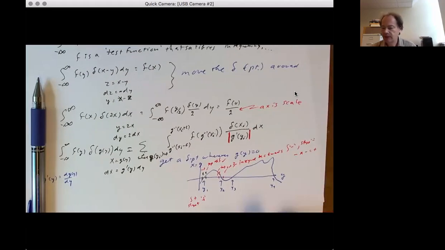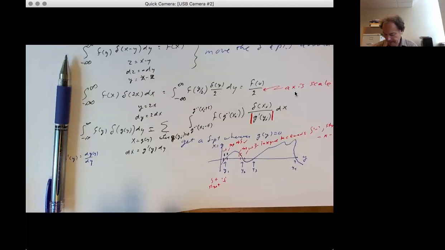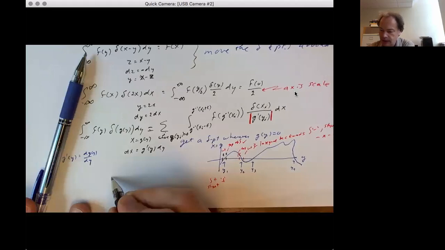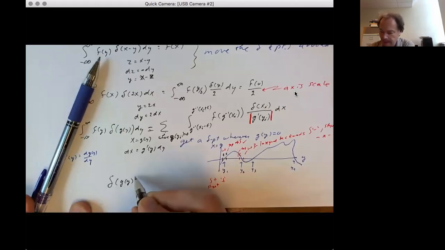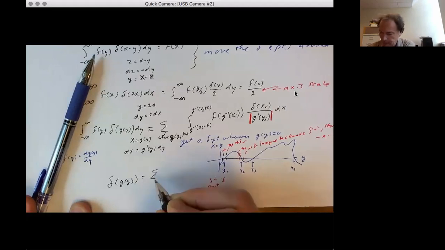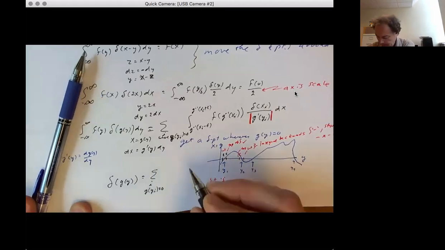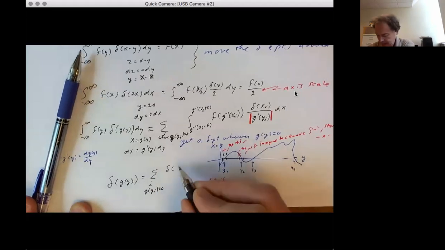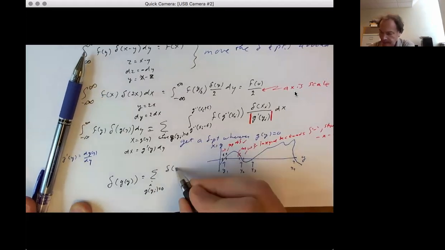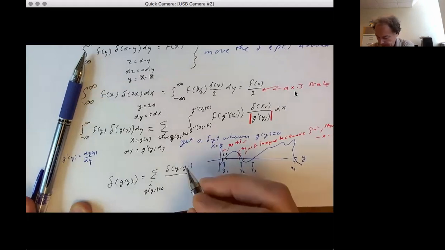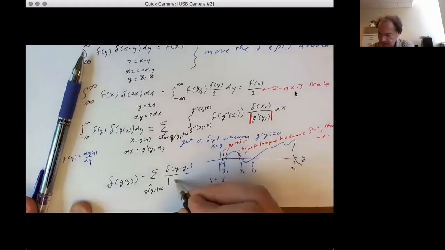And so if I just want to summarize here, you can write delta of g of y is equal to the sum over i, where g of y sub i equals 0, of delta of y minus y sub i over the absolute value of g prime of y sub i.